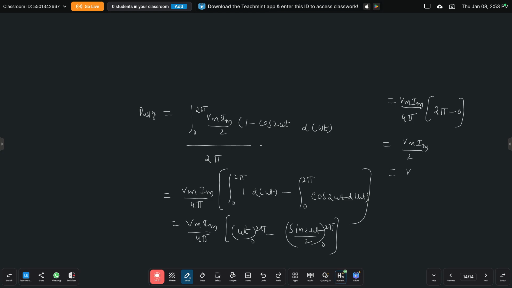This can be written as Vm by root 2 times Im by root 2. Now Vm by root 2 we write as Vrms, and Im by root 2 as Irms. Therefore for a pure resistive circuit, the average power is V into I, that is Vrms into Irms.